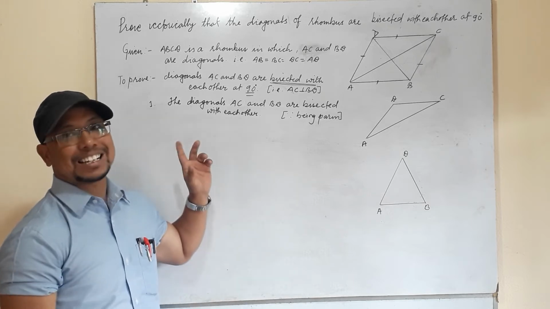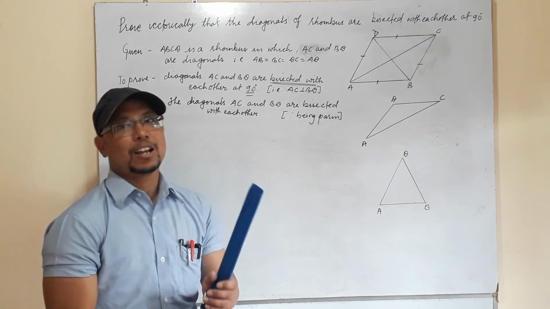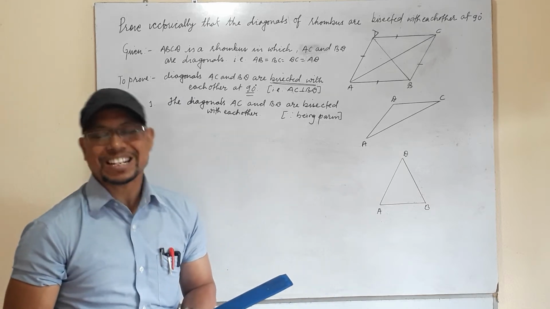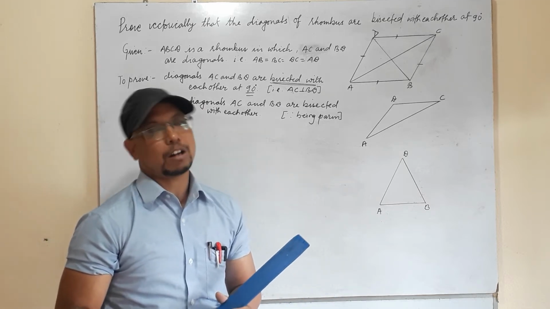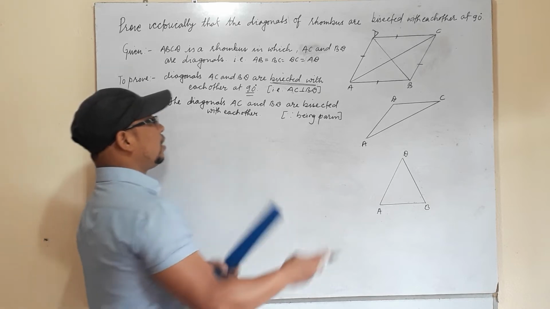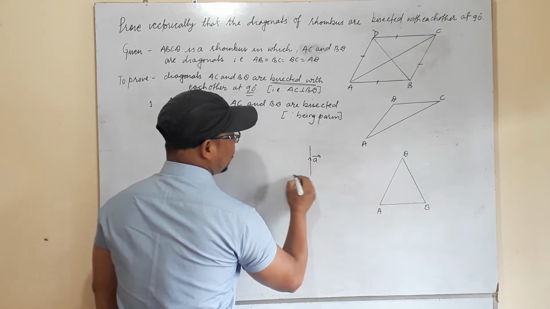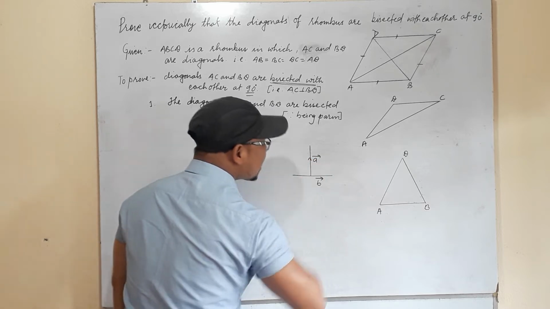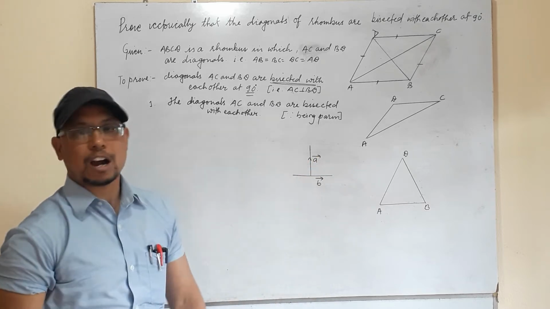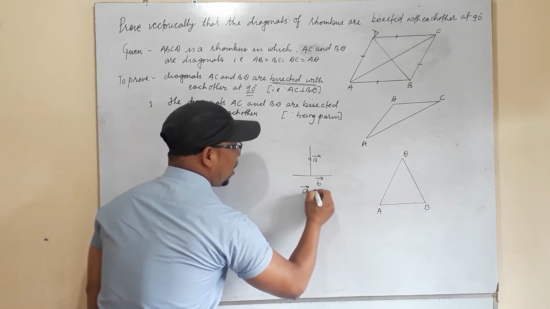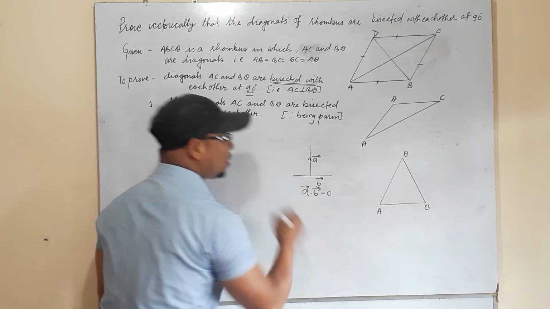Before that, let's take some idea in vectors of when two vectors are at 90 degrees or perpendicular. Suppose there is one vector A and another vector B. In which condition are these two vectors perpendicular? Everyone knows, that is if their dot product is 0.